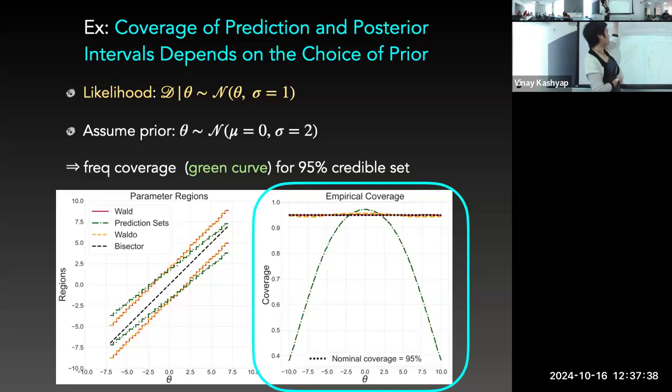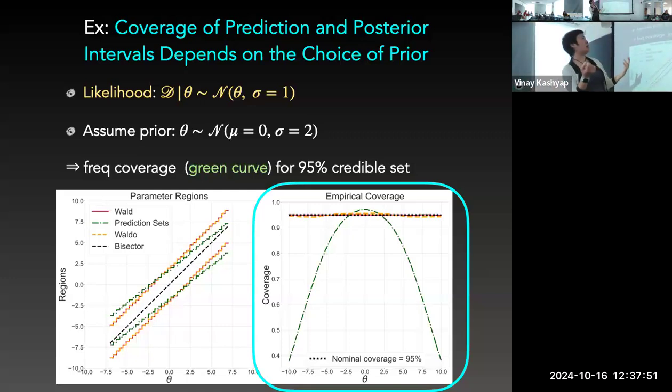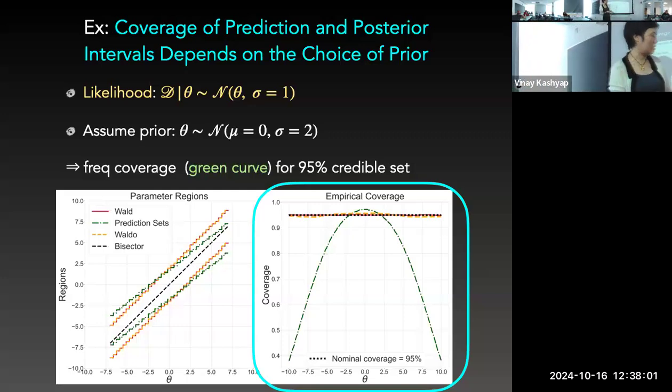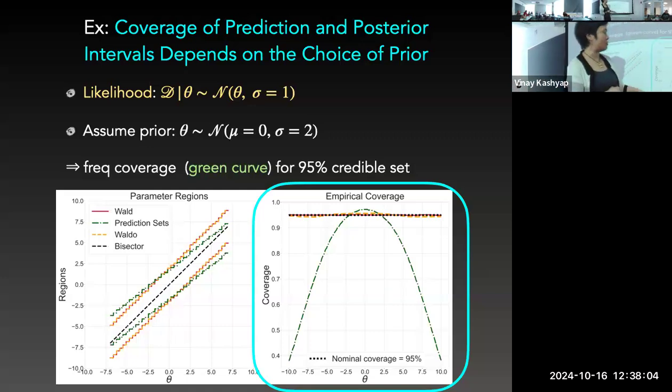So let's say I use the normal conjugate prior. Let's say I center it at 0, and you can compute credible regions. Let's say 95% credible regions, the posterior is easy and it's normally distributed. I form a 95% credible set. Now let's see if it actually includes the true theta. This shows you the coverage, and on the x-axis you have theta for different regions.